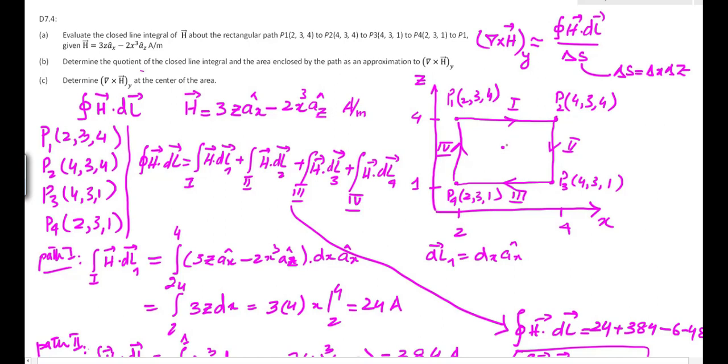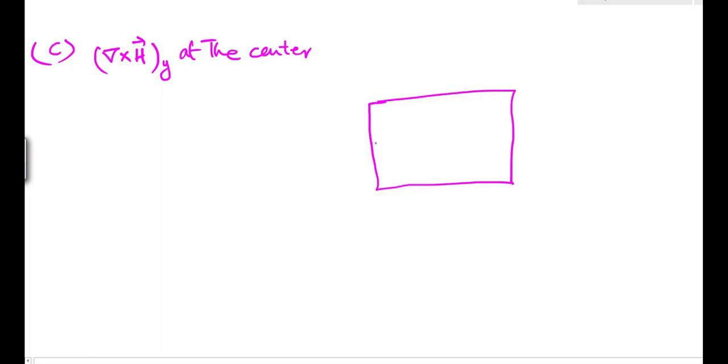For this purpose, first you have to locate this center point, and then you can use the definition of the curl and you will find the curl of the magnetic field intensity at the center. So in part C we have to determine the curl of H at the center of the perimeter that is given to us, the rectangle that is given to us.